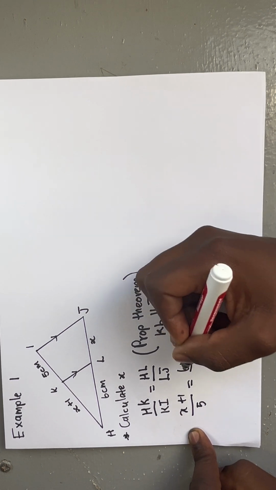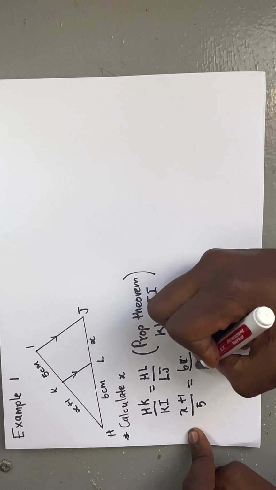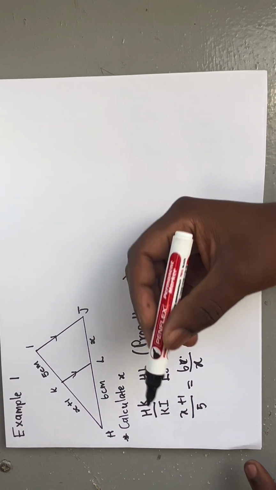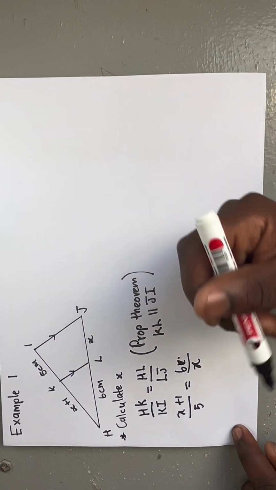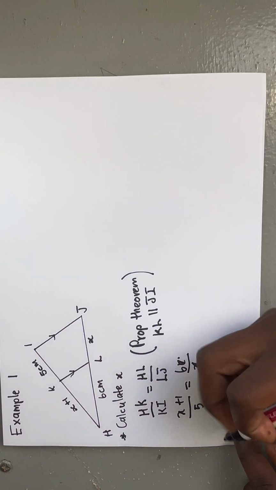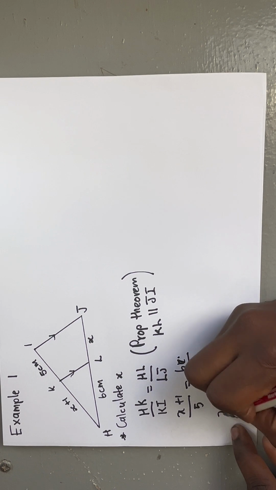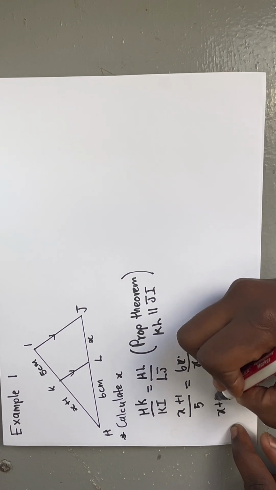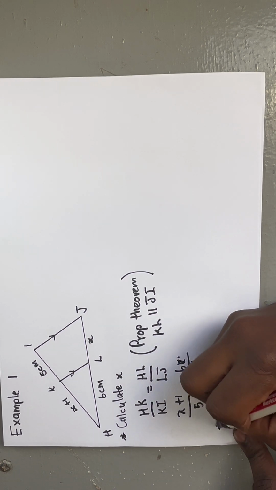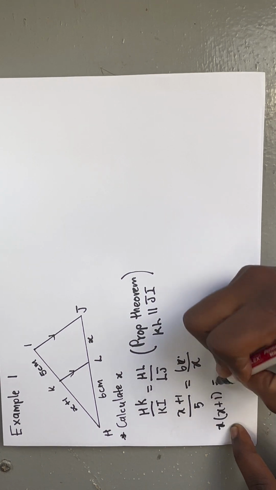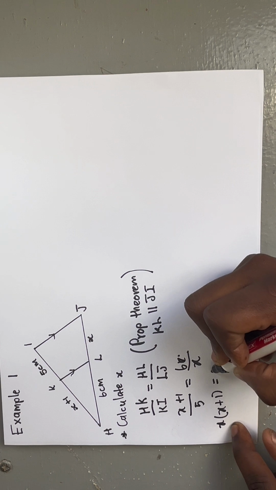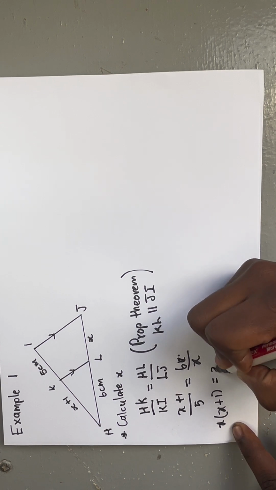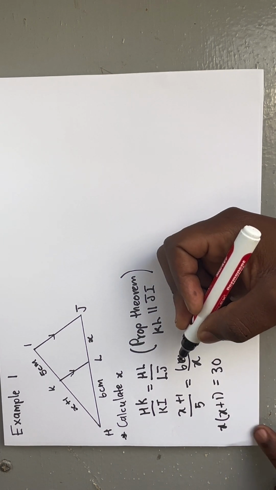And then what are you going to do? You are going to cross multiply. So x plus 1 multiplied by x is going to be equals to 5 multiplied by 6. And what is 5 multiplied by 6? That is going to give us 30, right?